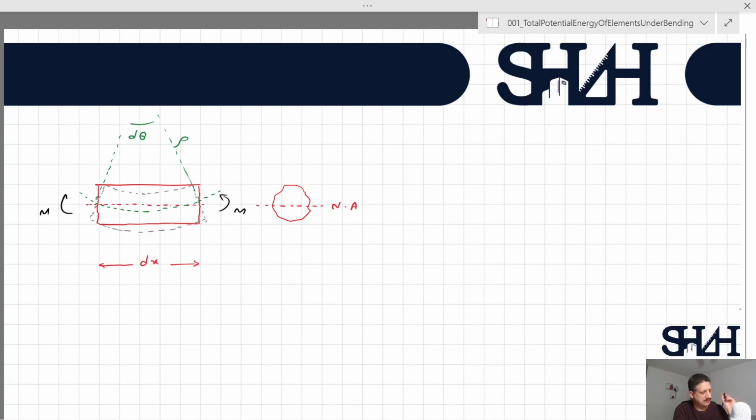From basic mathematics, we know that dx is rho d theta. Consider that rho represents the curvature radius from the neutral axis of the element, or of the cross section.